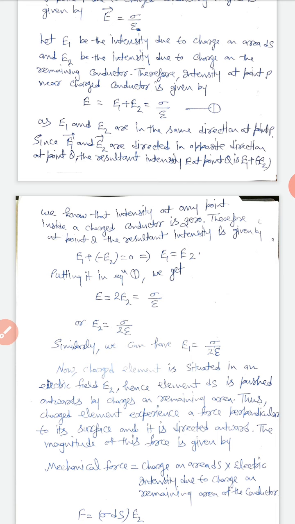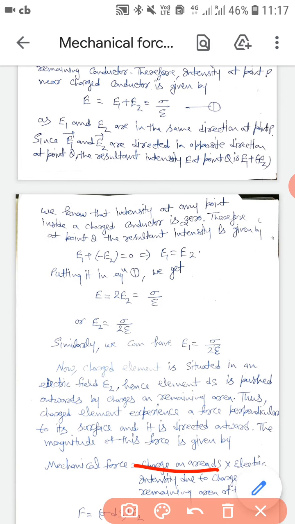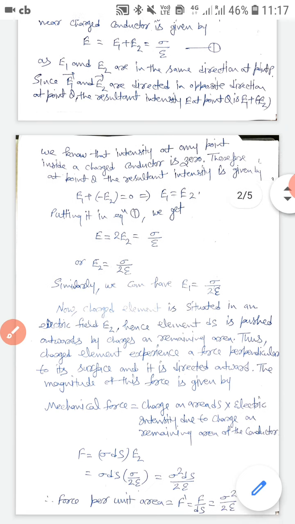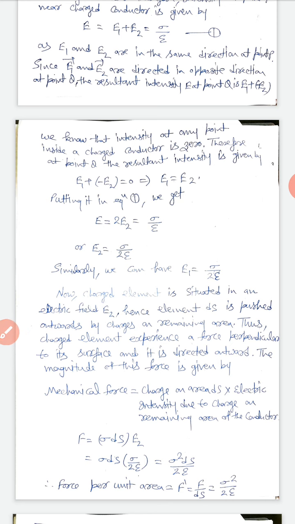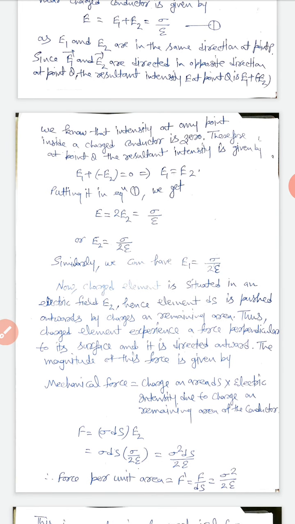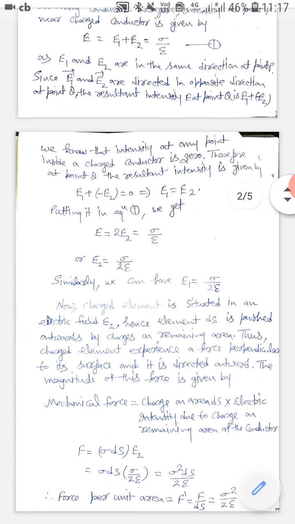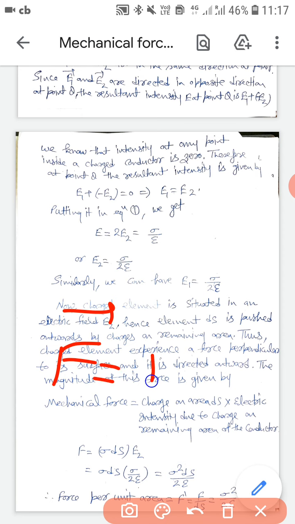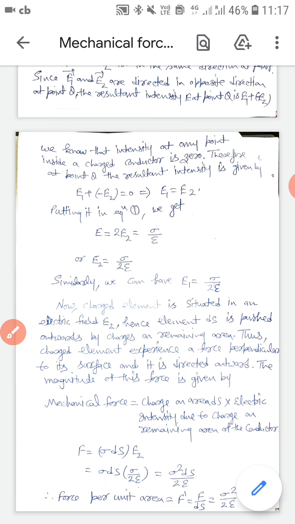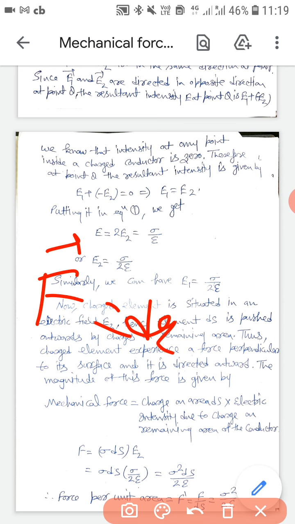The magnitude of this mechanical force will be equal to the charge on area ds, that is dq, into the electric field intensity due to the charge on the remaining area of the conductor, E2.